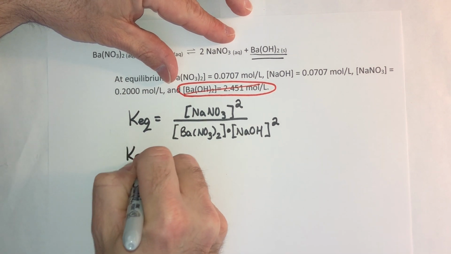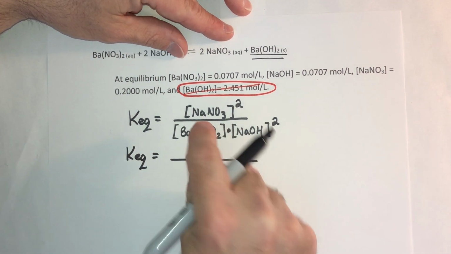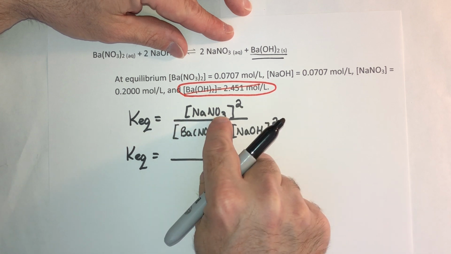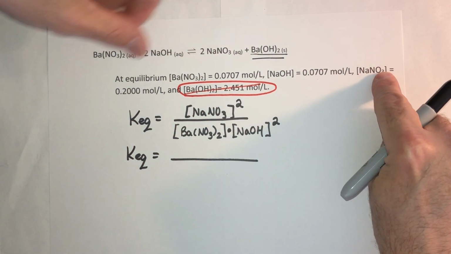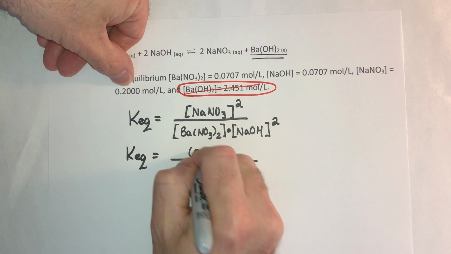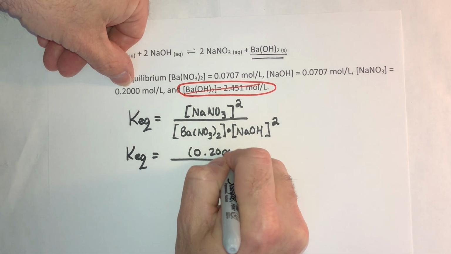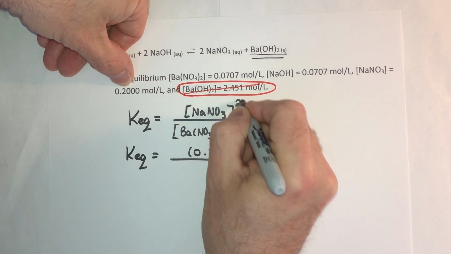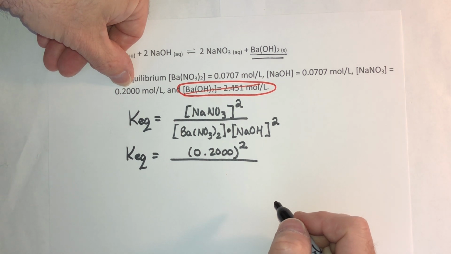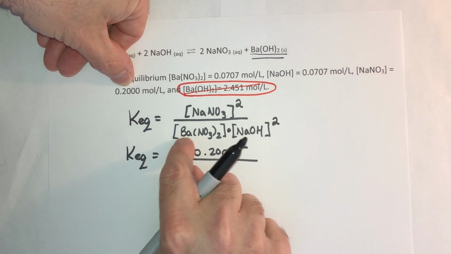Okay, so if we substitute in our numbers, what is the concentration of sodium nitrate? Sodium nitrate has a concentration of 0.2000, and it's squared. Don't forget to use your powers. In the denominator, I have a barium nitrate.